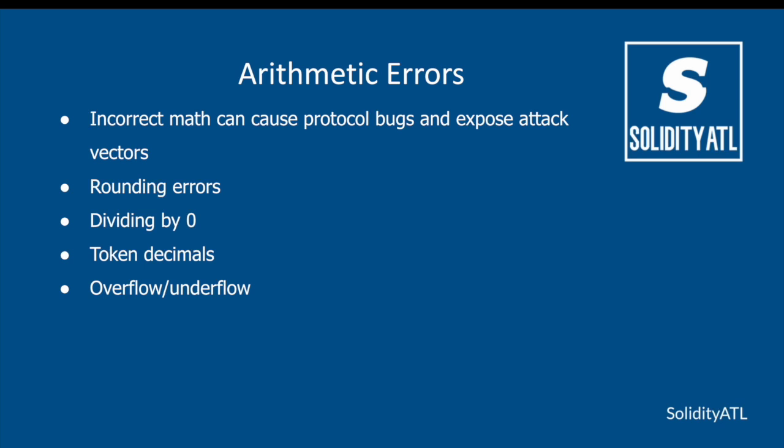Next is token decimals. Depending on the token type, let's say USDC, for example. USDC has 6, I believe, token decimals, and ETH has 18 token decimals. So if you hard code the token decimals in your contract, and let's say you accept one token, USDT, but then you try to accept USDC, is the token decimal going to be the same?